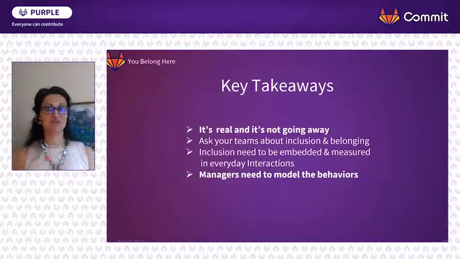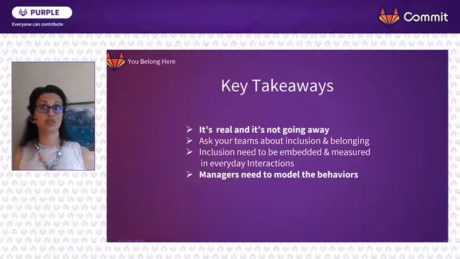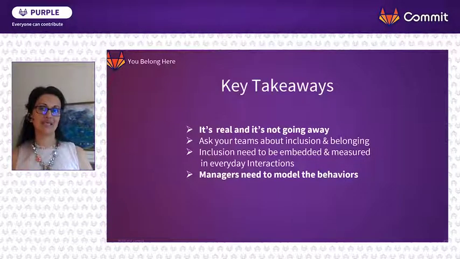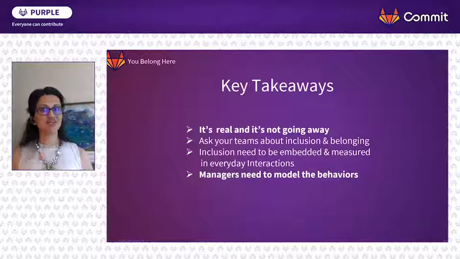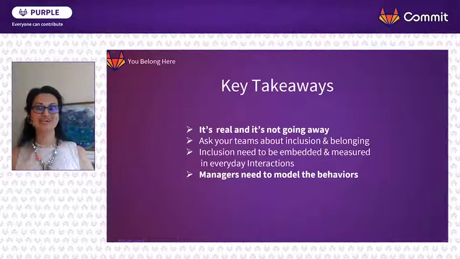And managers play a really important role, as we saw, and they need to model the behaviors. So know each person on your team equally, invest harder in people that are different from you, and include your team in important decisions that impact them.